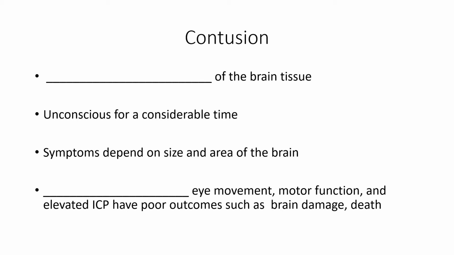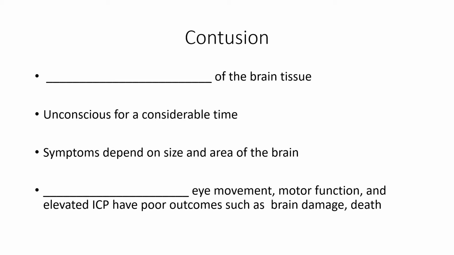They could have hypotension, a rapid, weak pulse, shallow respirations, a loss of consciousness, and even pale, clammy skin. Here you could have decreased eye movement, decreased motor function, and an elevated intracranial pressure. And all of these have poor outcomes such as brain damage or death.